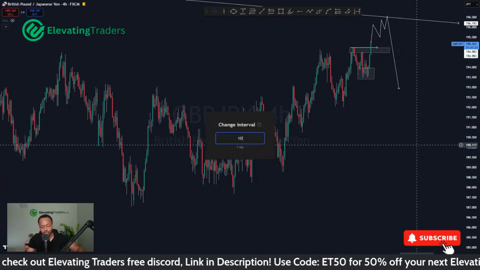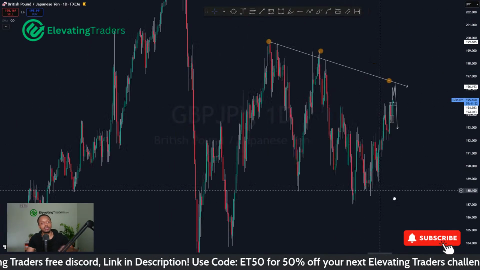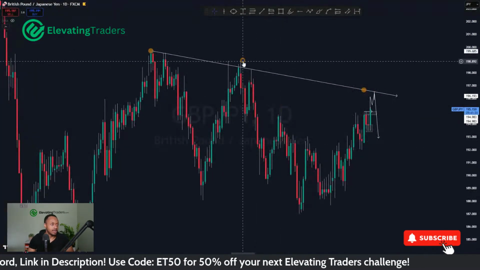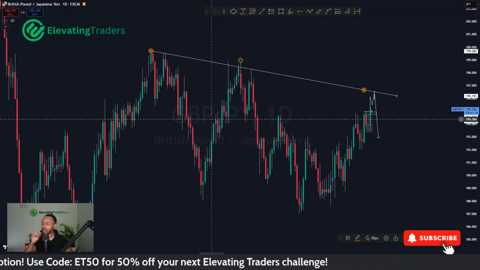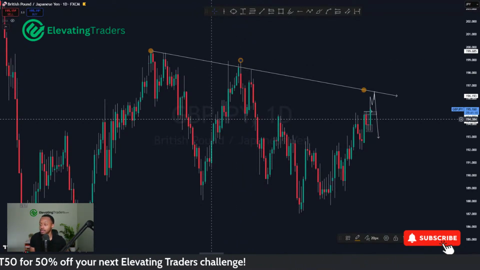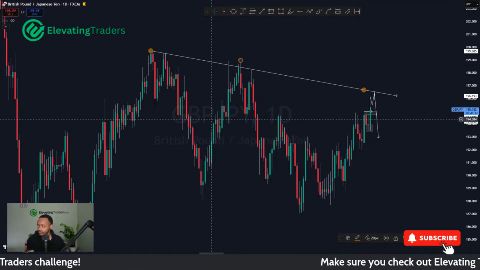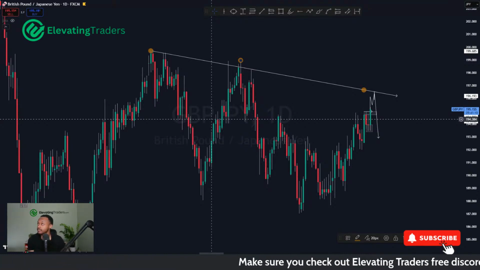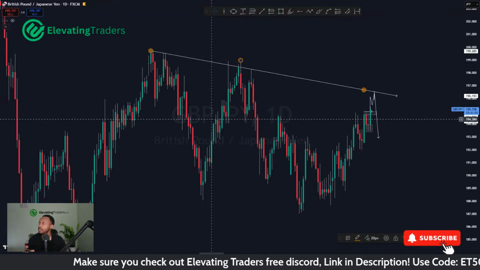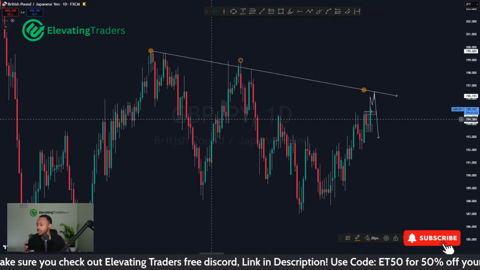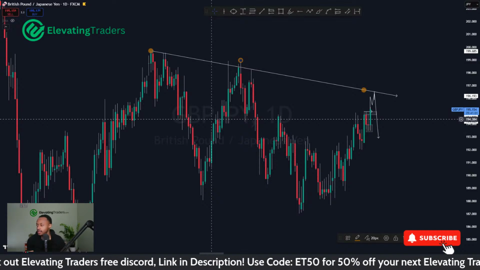But at the moment, it is not ready for the sells yet. And if anything, there could be nice short-term breakouts on the break and retest. So yeah, that's kind of where I'm at with pound yen.